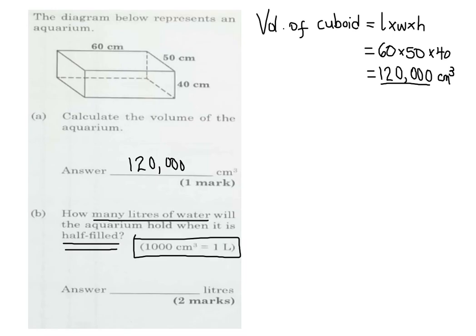Or we could find half of the volume in cm cubed and then convert that to liters, right? Both approaches will still get us to the correct answer, right? But it's really and truly up to you, whichever way you feel more comfortable. So let's do converting the volume to liters first and then find just half of that.